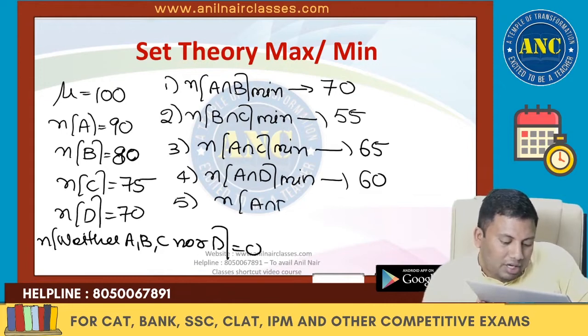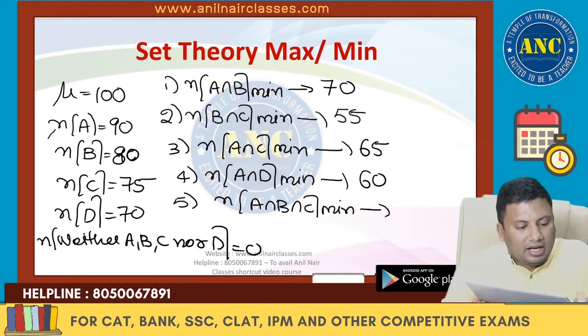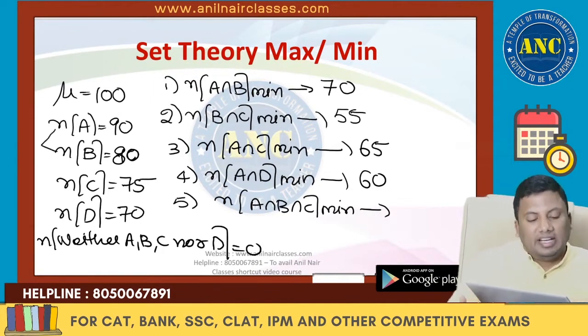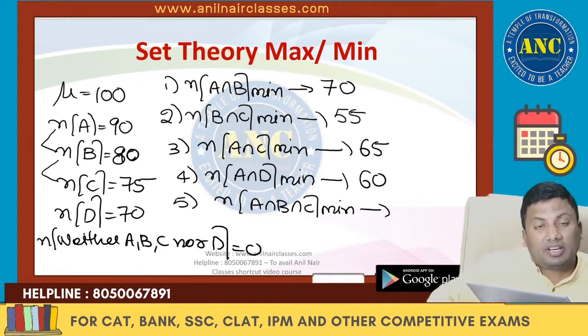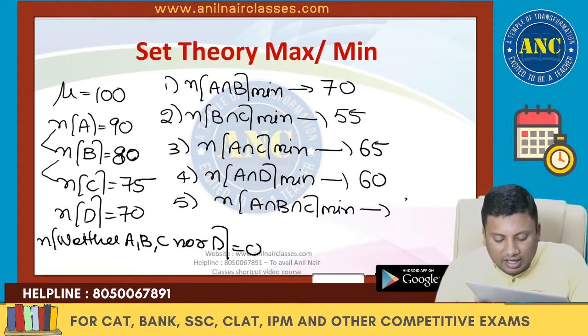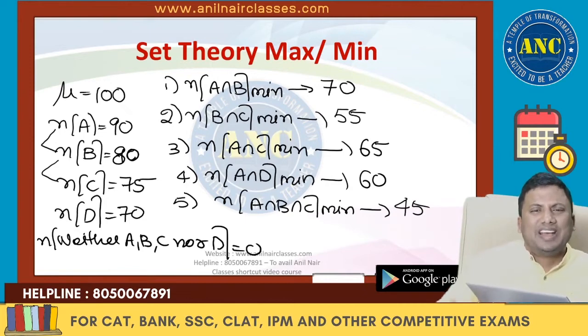N of A intersection B intersection C minimum. A, B, C we require. A and B, 170, 70 we got. Do it with the third one. 70 with 75, 145. Outside it is 100. Answer is 45. Where am I using mathematics? Single step.